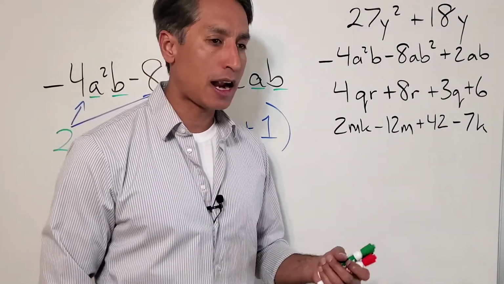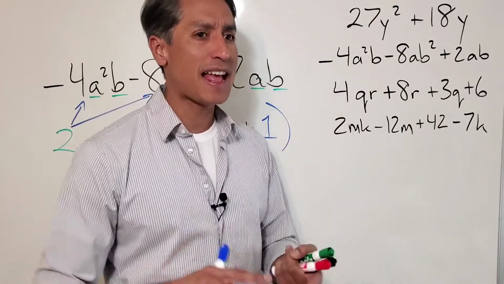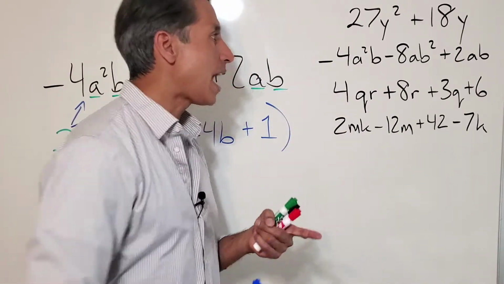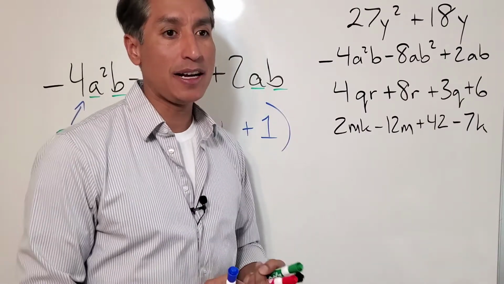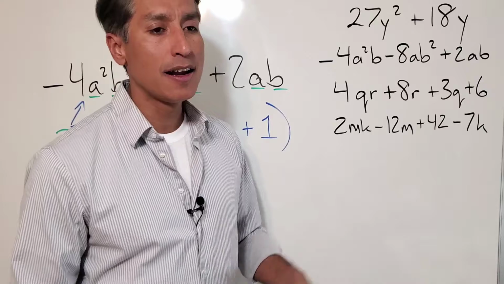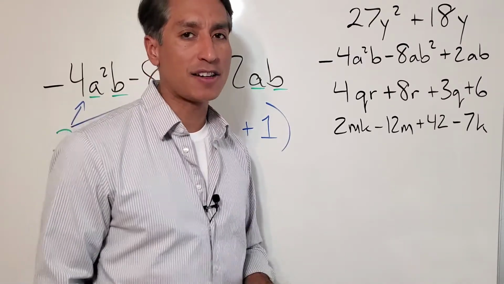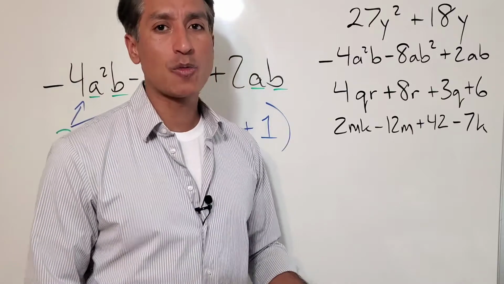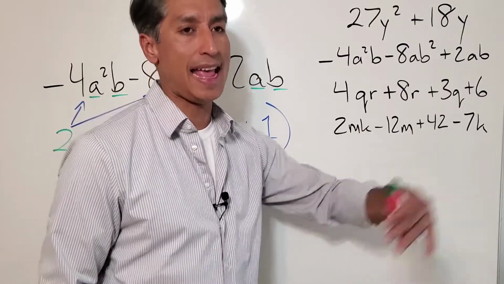Now, some of these problems are going to say factor completely, okay? And so that's where I do have students kind of like on the first problem, they're like, well, dude, I factored out a 3, I factored out my y, and why isn't that right? Because I factored out a 3, you know, I did factor it, but that's where some books and some state tests and all that stuff will say factor completely, and so that's why your answer is technically wrong, because you didn't factor it to the nth degree.